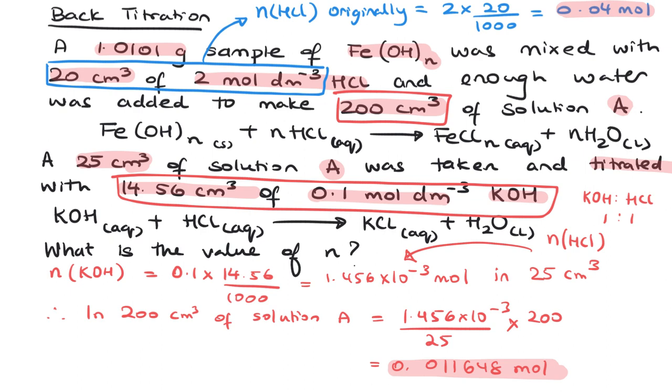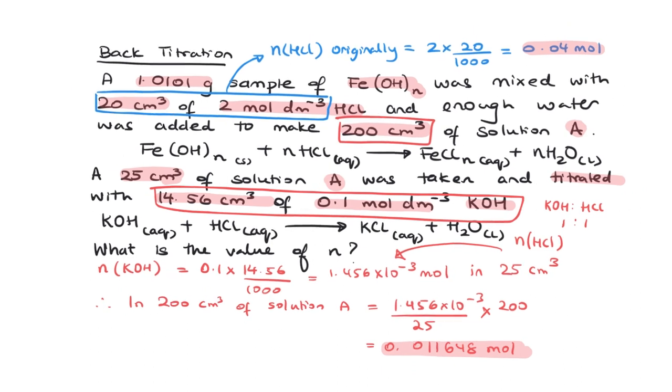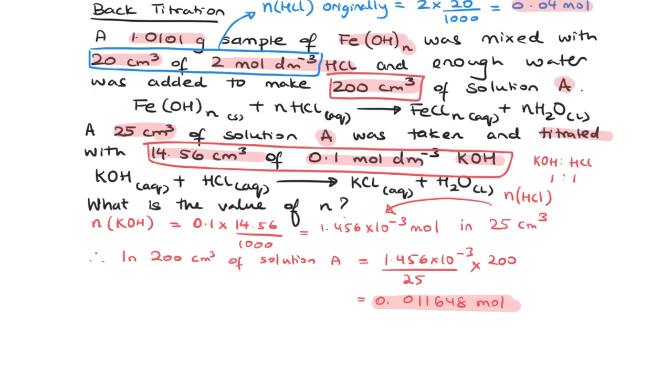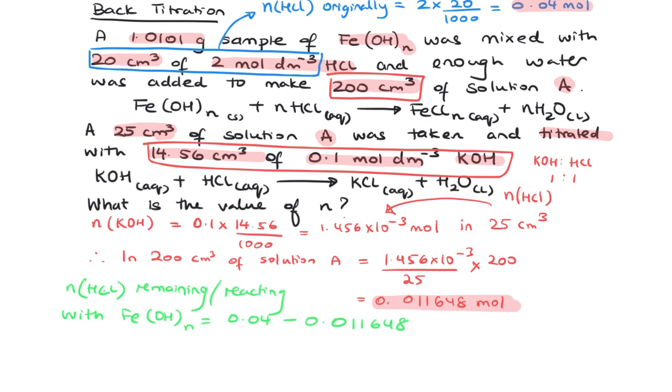Let's find that out first. So the number of moles of HCl remaining, which would end up reacting with Fe(OH)n, will be 0.04 minus 0.011648.